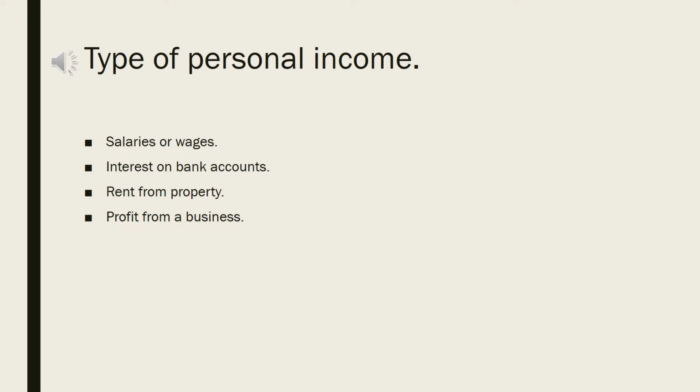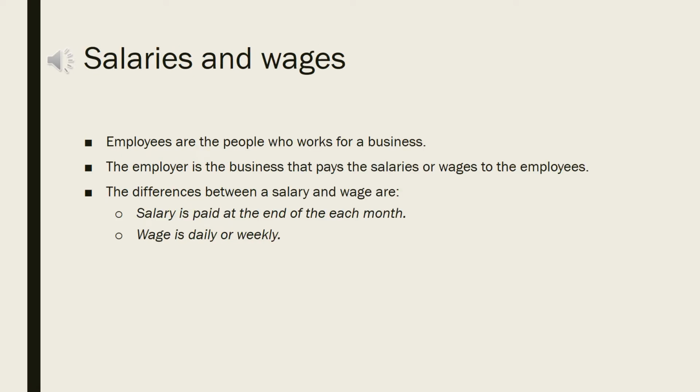We have different types of personal income: salaries or wages, interest on bank accounts, rent from properties, profit from businesses. Salaries and wages is compensation that you get from your employer.